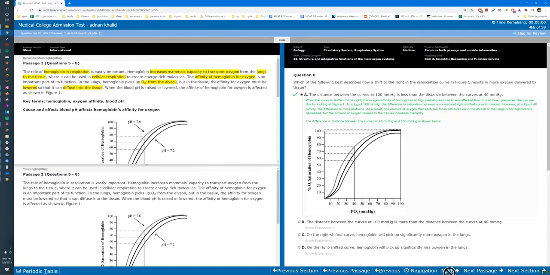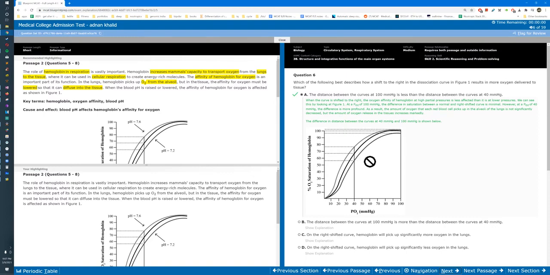Yeah, this one was a little weird at first. So how a shift in the right results in more oxygen delivered to tissue. At first I was just looking like, for, let's say, like this, right? This is the saturation at this partial pressure.